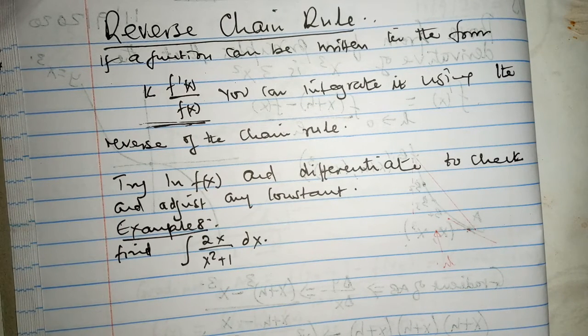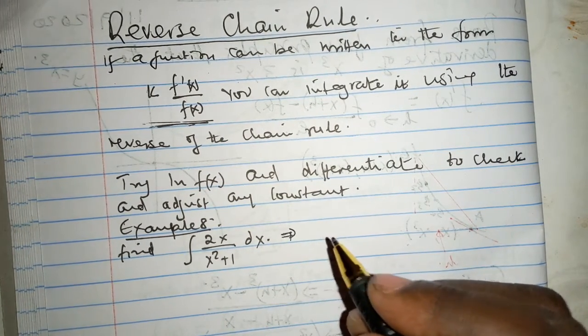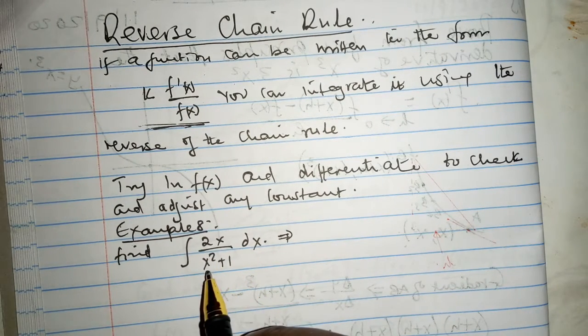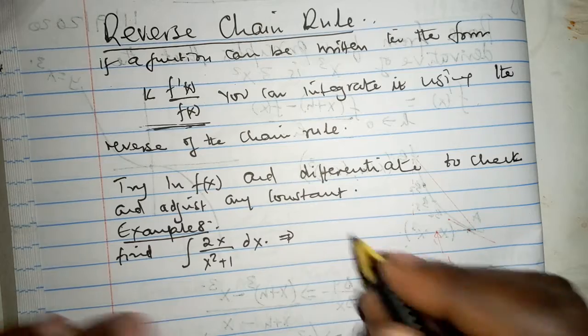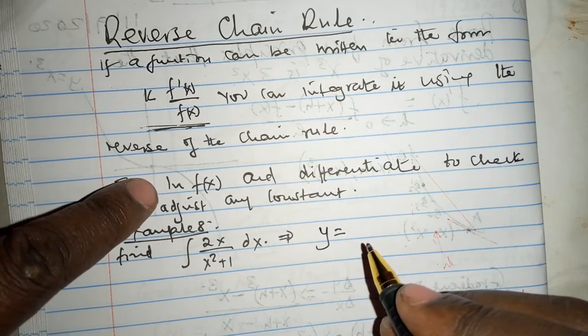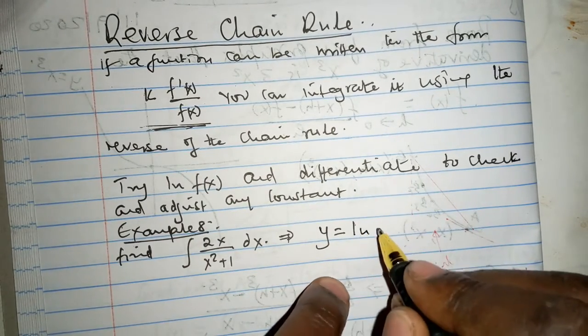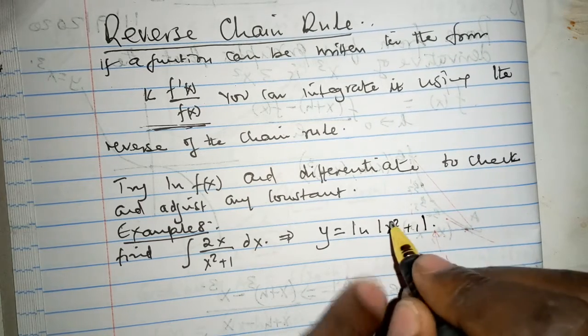Forget about the constants, they will put themselves into their places. Because now the numerator is a derivative of the denominator, we say let's talk about the natural logarithm of f(x), which is at the denominator. y is equal to ln(x squared plus 1).